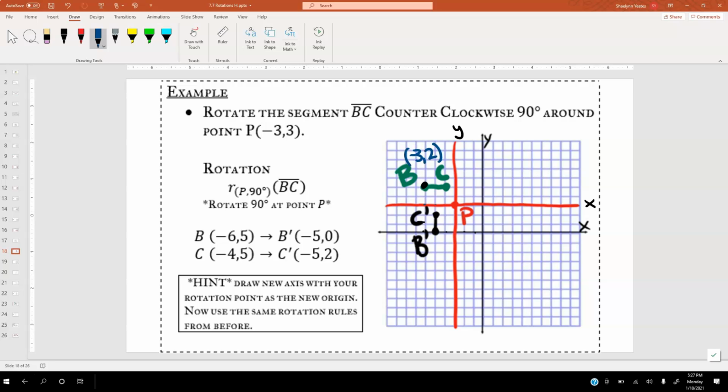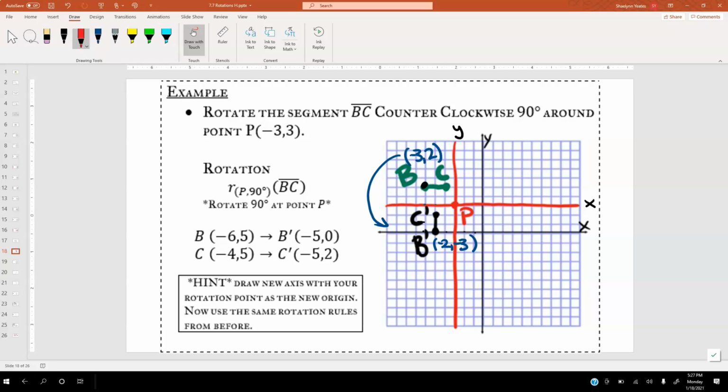(-3, 2). So if I want to rotate it, according to our rules of rotation and our new axes, this would be the point (-2, -3). Okay, which then if we move it back so that it's based on the origin becomes the point (-5, 0).